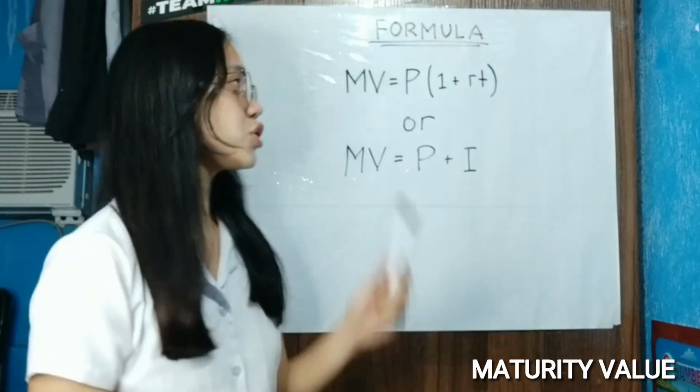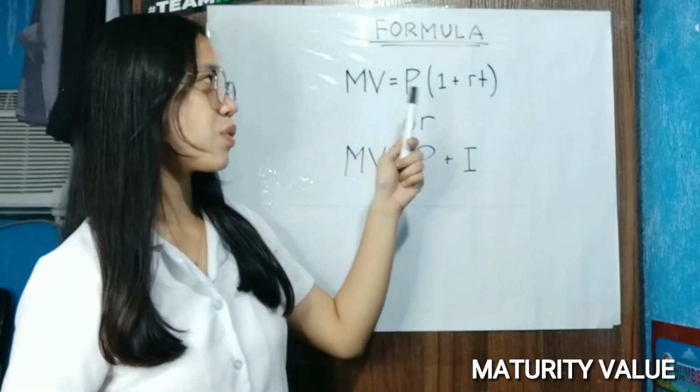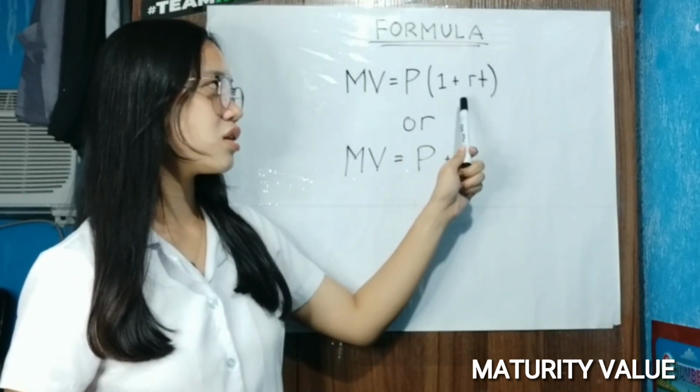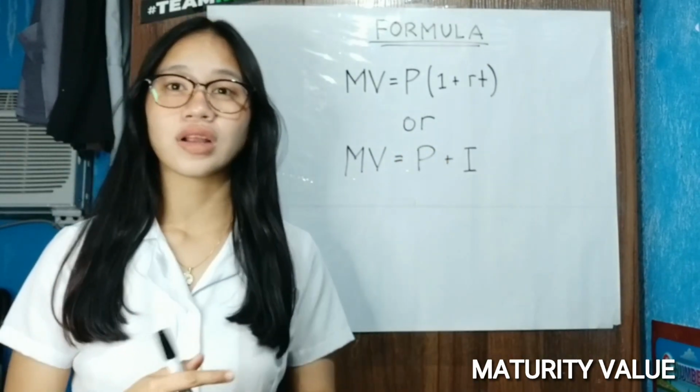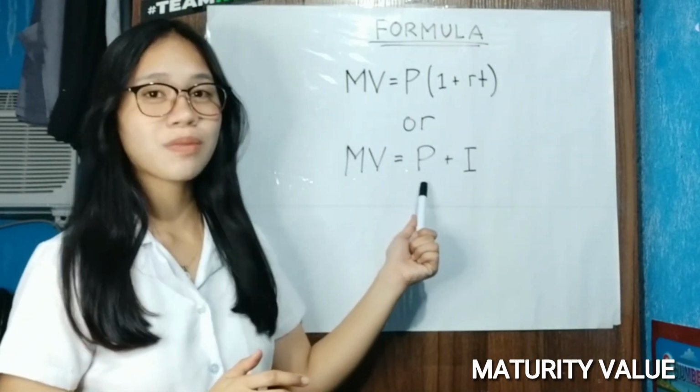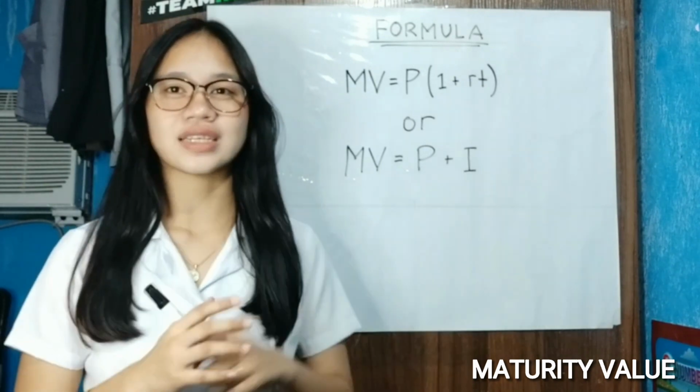Maturity value is equal to the principal amount multiplied by the quantity of 1 plus the product of rate times time, or it can be as simple as maturity value is equal to principal amount plus interest.